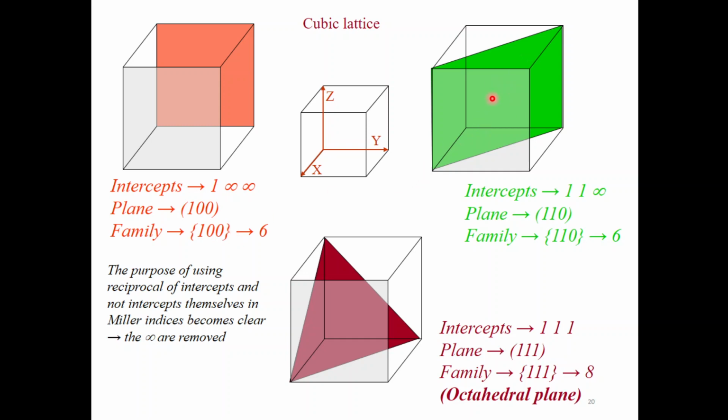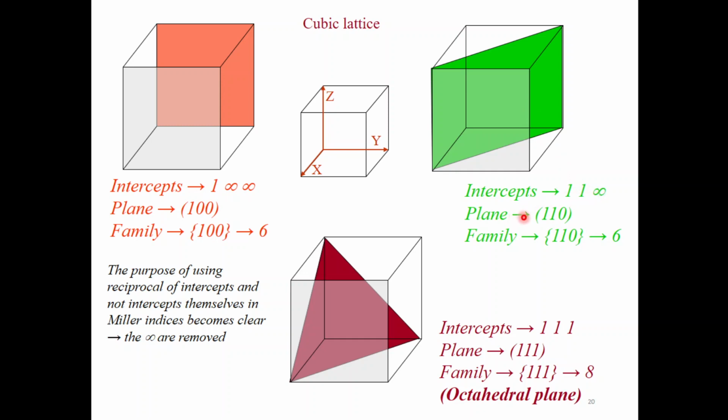Let's consider this plane. So again, origin in here, x-axis, y-axis, and z-axis. And clearly this plane cuts x-axis and y-axis at 1 unit length distance, whereas this plane is parallel to z-axis, that is the plane is having an infinite intercept upon z-axis. So intercepts are 1, 1 and infinity.